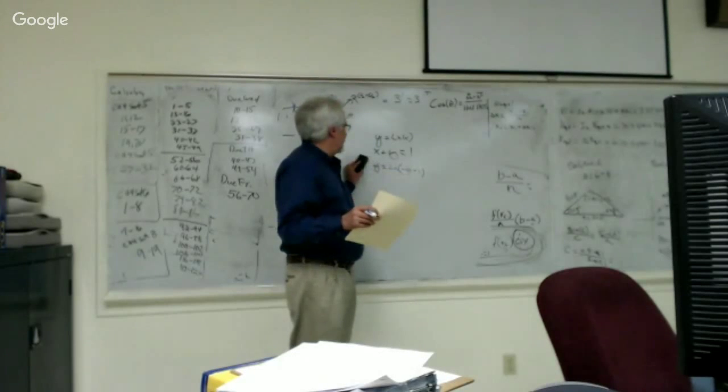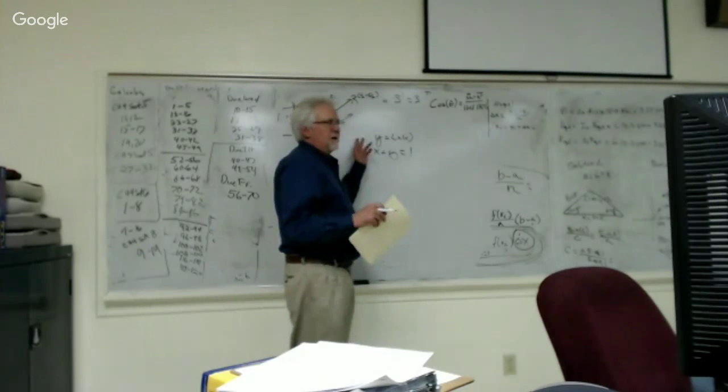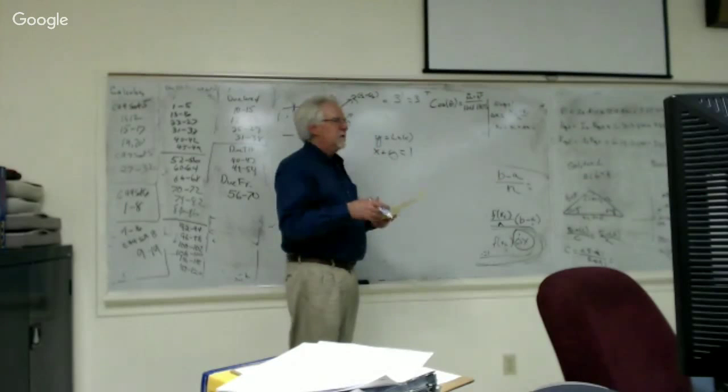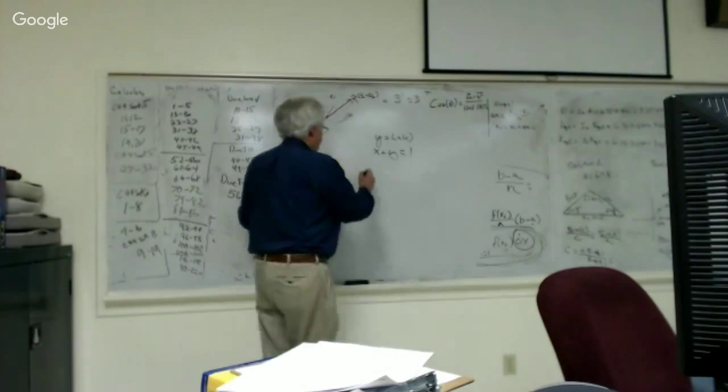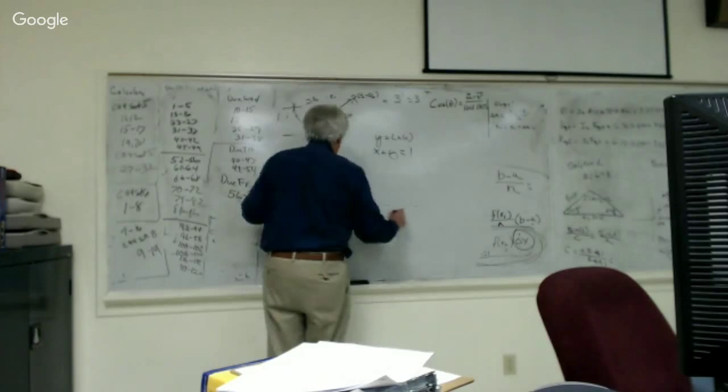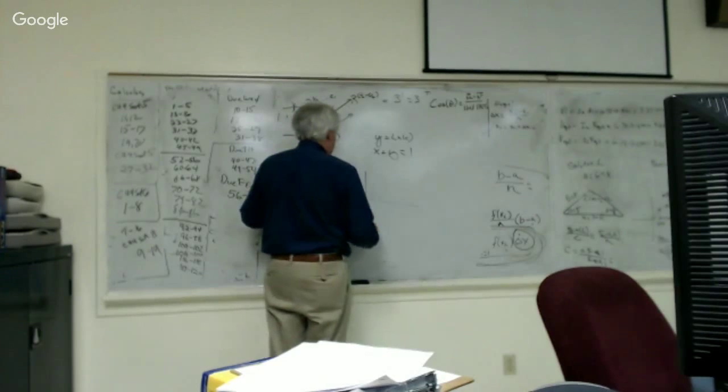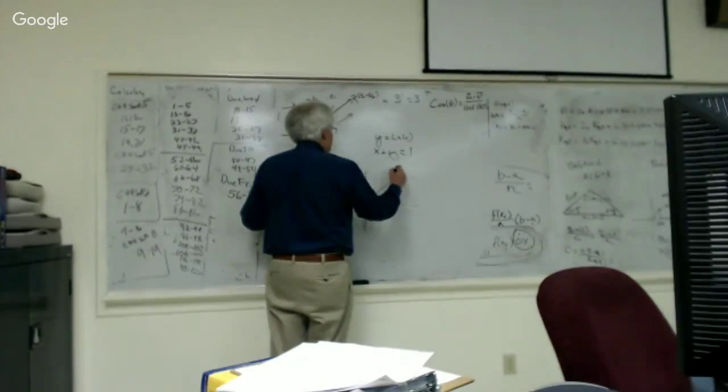I kind of end up with something I can't do. Maybe it can be done, it's just I can't see how to do it. So on ones like that, you graph it, okay? And how do you graph it? Well, you go to Excel, and this is y equal ln of x.